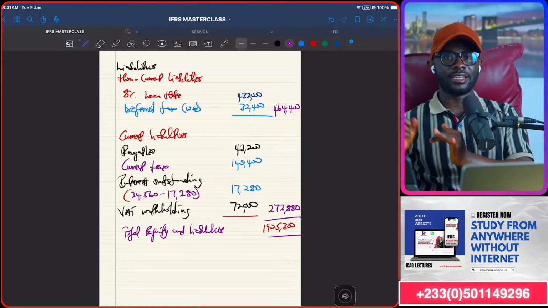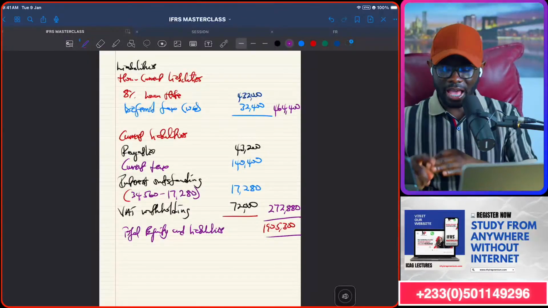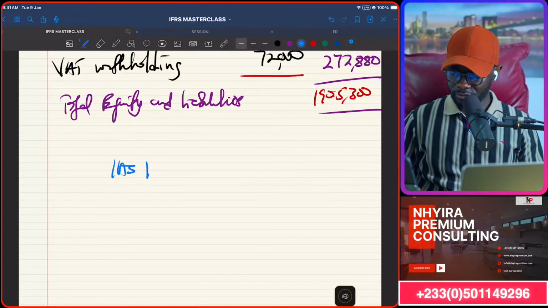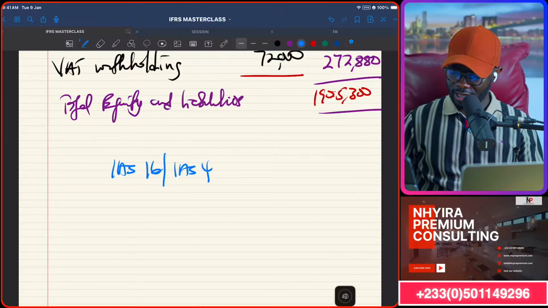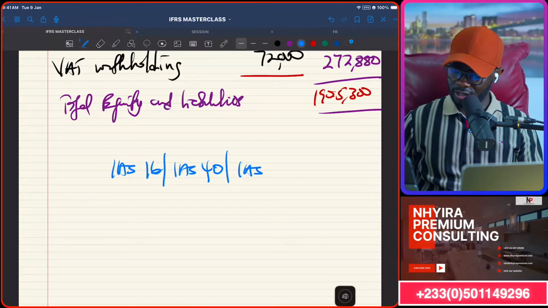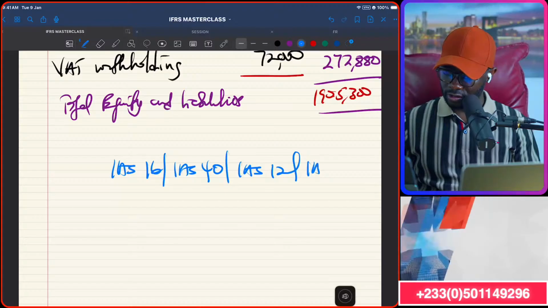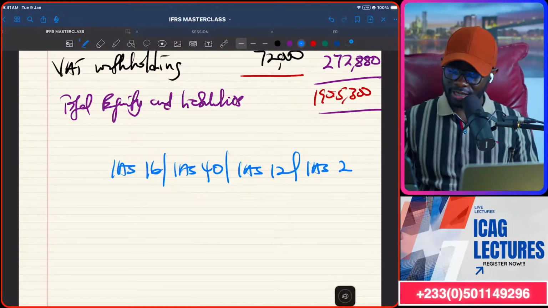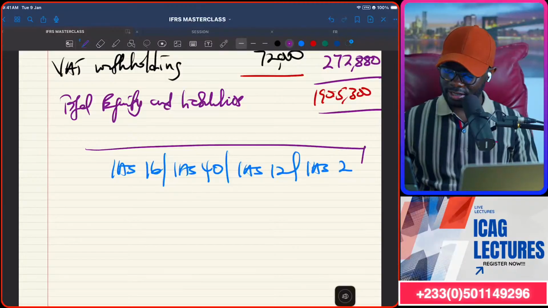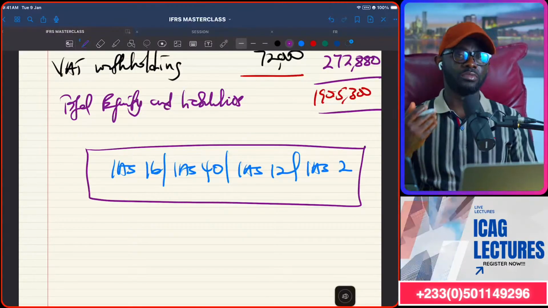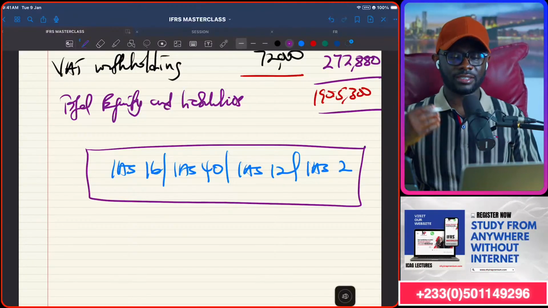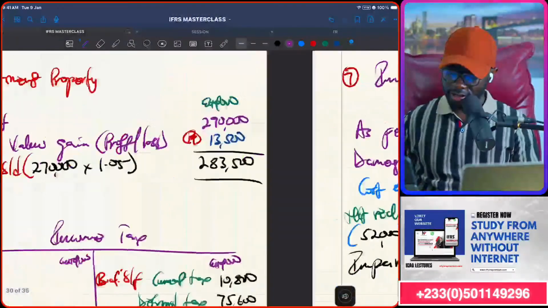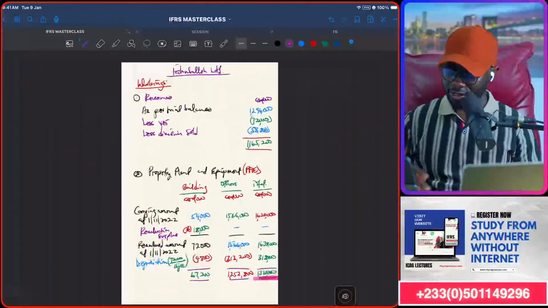IAS 16, IAS 40, IAS 12, IAS 2. So these are the thematic accounting standards that are applicable in the question, plus certainly the conceptual framework. So that's what you must understand there in respect of this question.